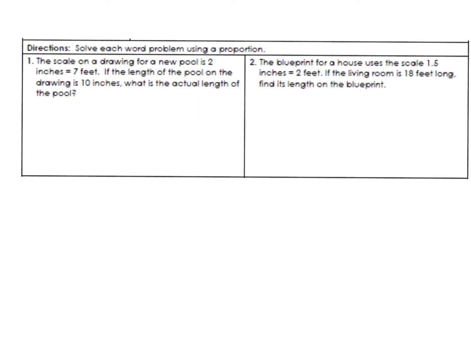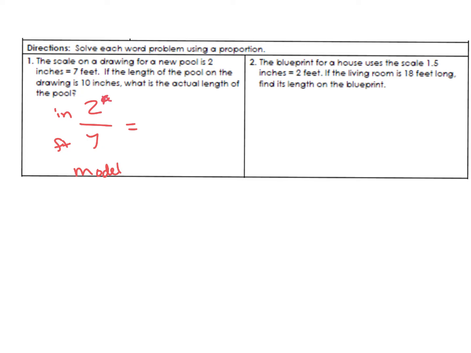So the scale drawing, number one: a scale on a drawing for a new pool is 2 inches to 7 feet. So we have inches on top, feet on the bottom. This is our model, this is our scale drawing. Let me rephrase this.